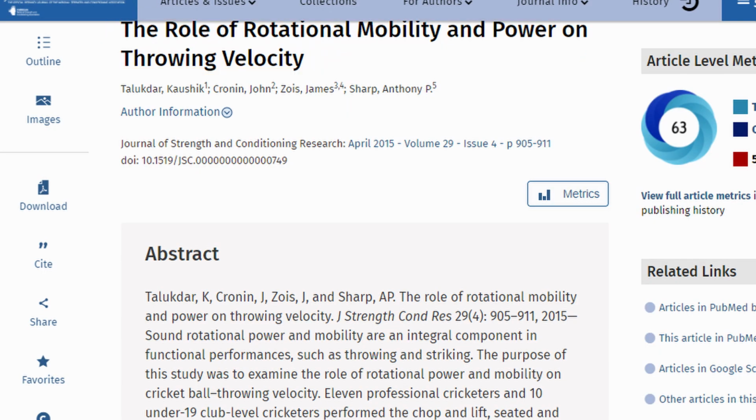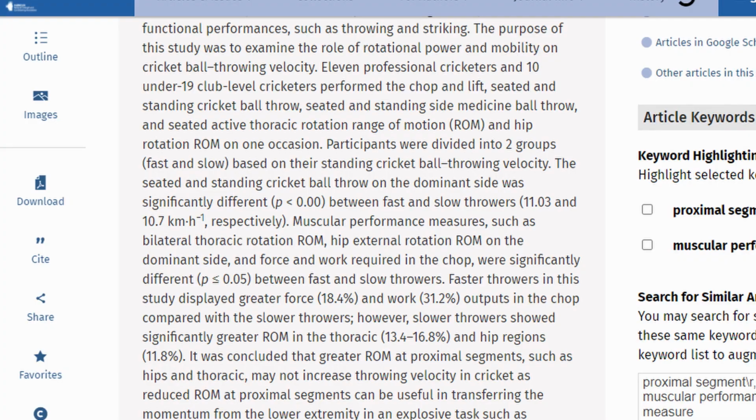So another interesting article that I wanted to share with you guys: in this study they had 21 cricket players who were throwers, so they classified them as either faster throwers or slower throwers, and faster throwers during the cable chop motion demonstrated more work and force output than the slower throwers.